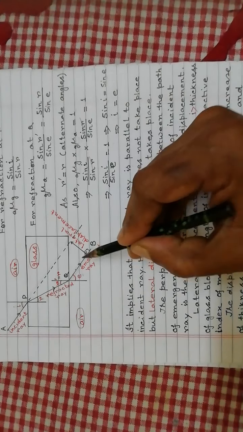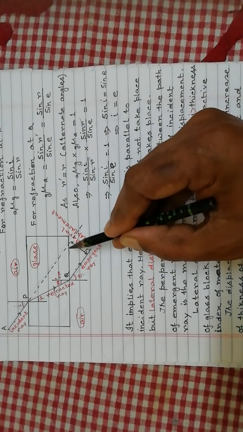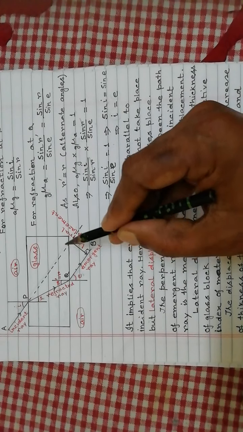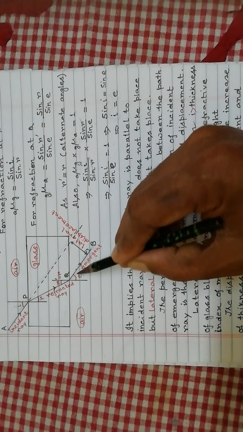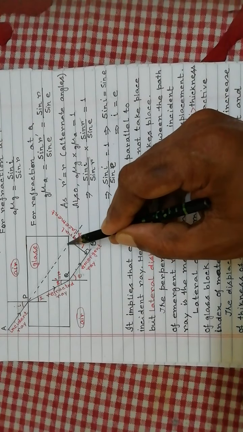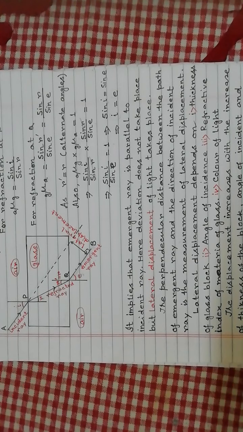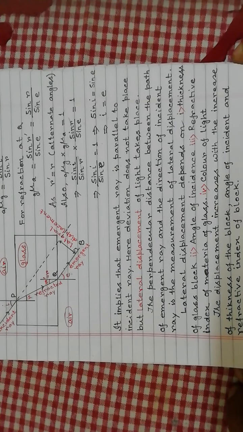But the light ray gets displaced, because it had the original path, but it emerges from the glass slab in that way, so it is displaced, and it is known as the lateral displacement of light.